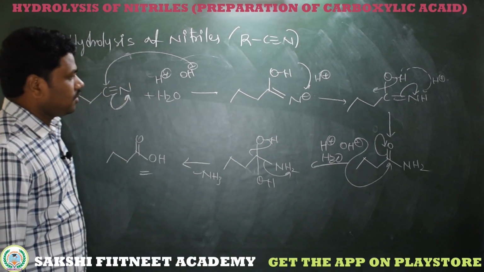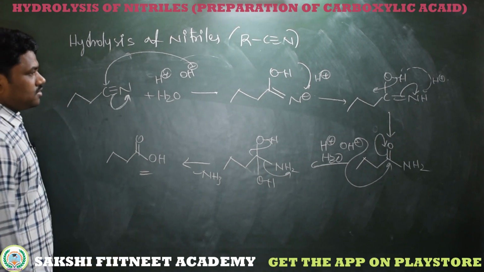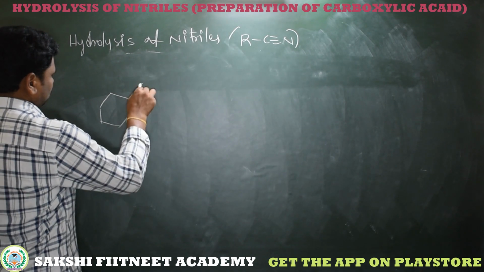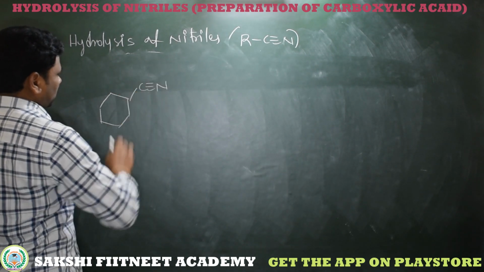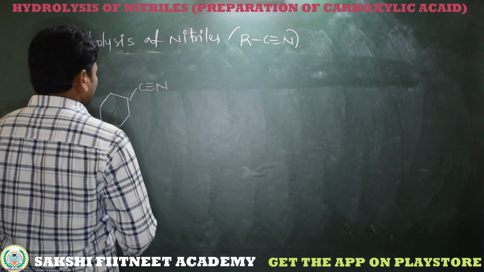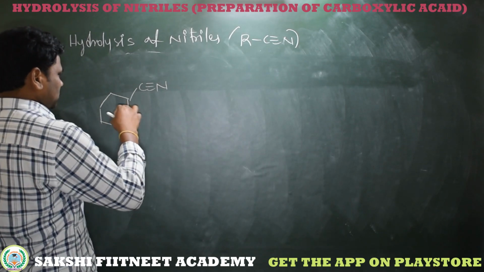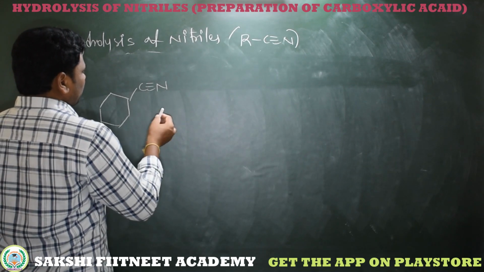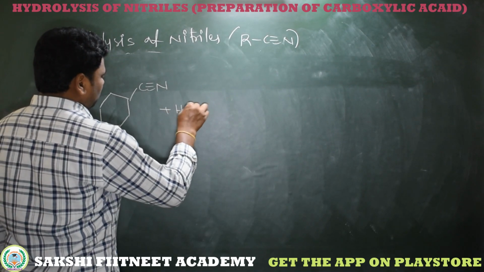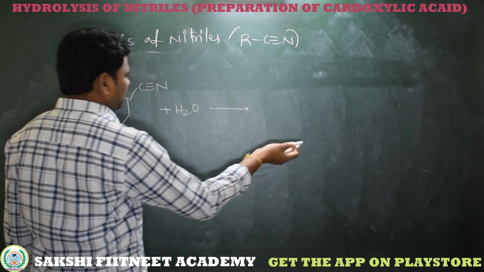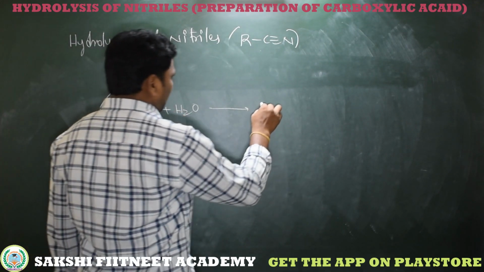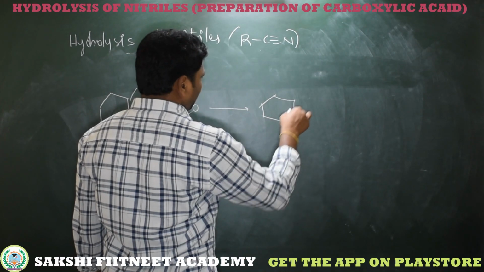So this is an example. Here I am taking some more examples. So here cyclohexane nitrile, or cyanocyclohexane. This is the major functional group, so we can say cyclohexane nitrile. To this I am giving a water molecule. I am writing it directly. So with 1 mole of water molecule, the nitrile group converts into amide.